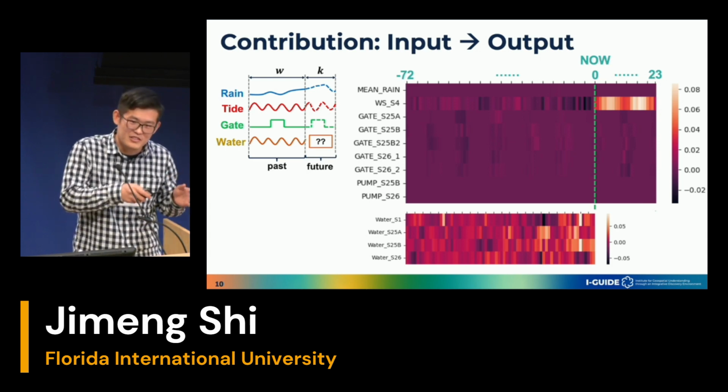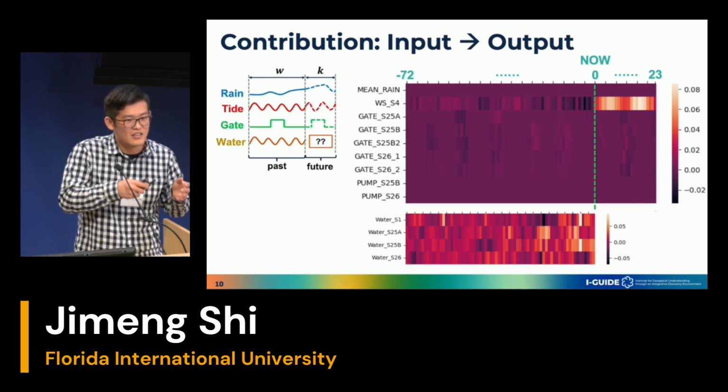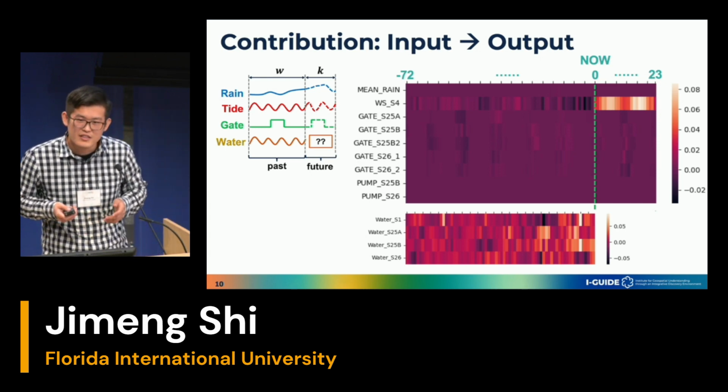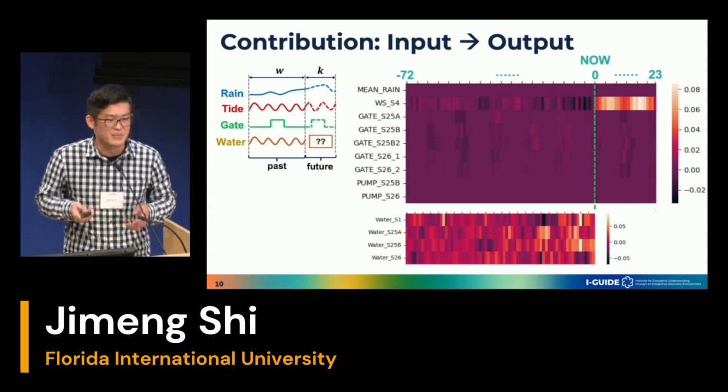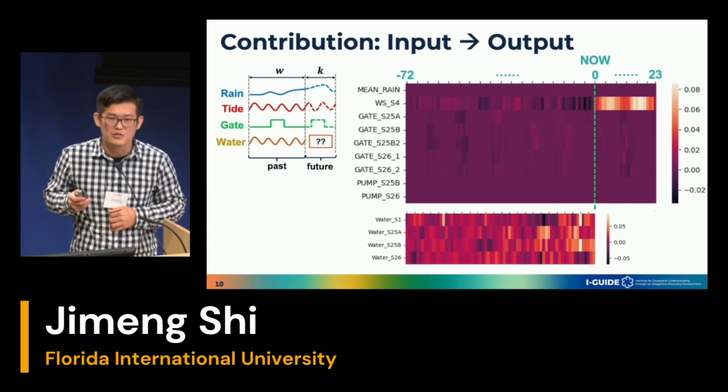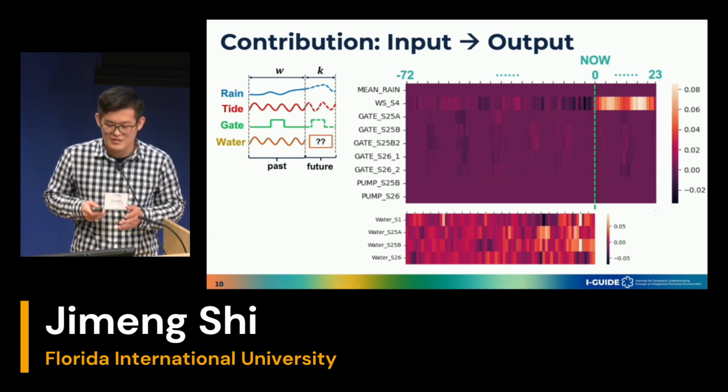Maybe just focus on this month or the past 2 weeks. So the good thing is we compute this model explainability, or the contribution values, which can prove our deep learning models are learning the useful and correct things. It's a kind of white box, not exactly a black box.